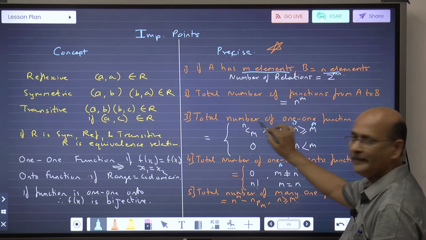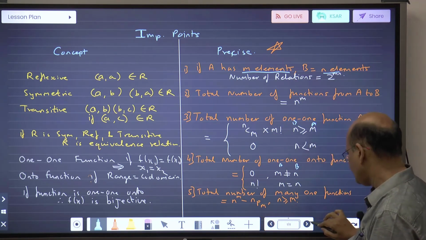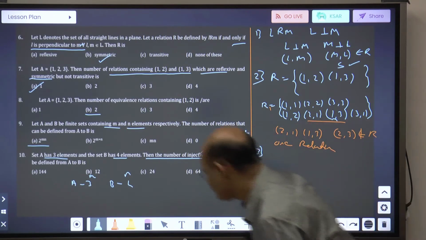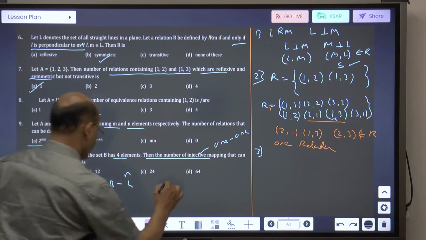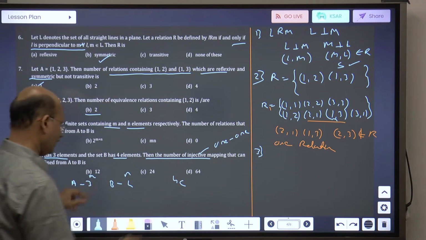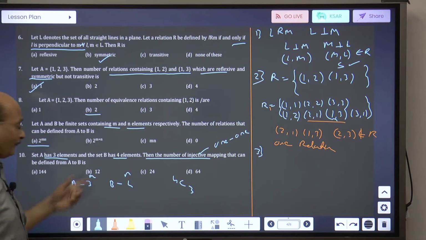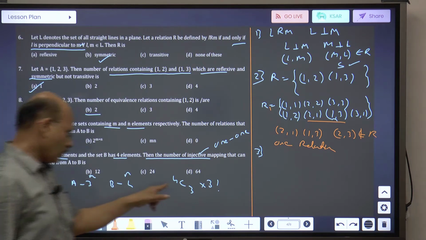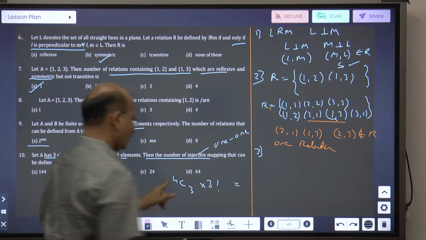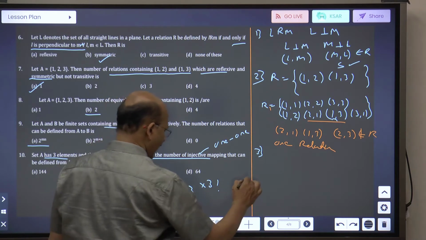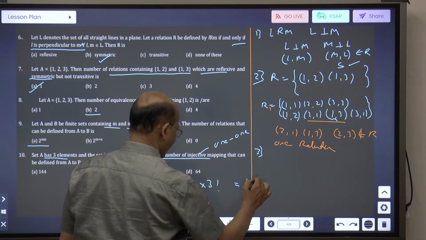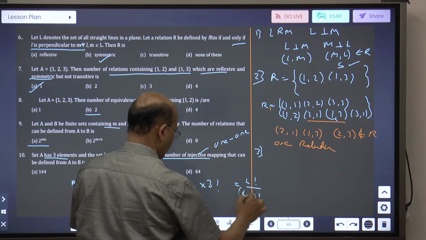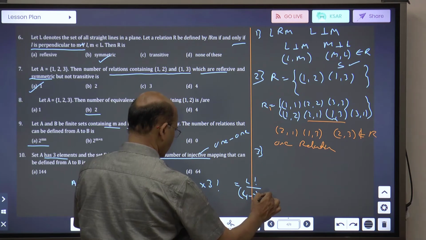Now nCm into m factorial. You have a calculator with you, but I will just show you. nCm, so it will be 4C3 into 3 factorial. 4C3, everybody knows, is 4 factorial upon 4 minus 3 factorial into 3 factorial.